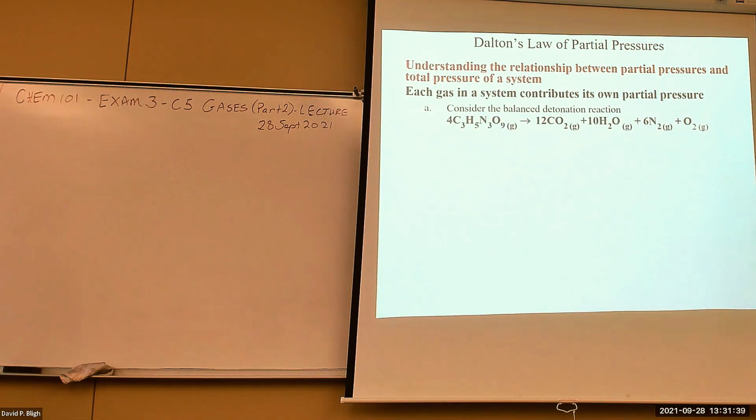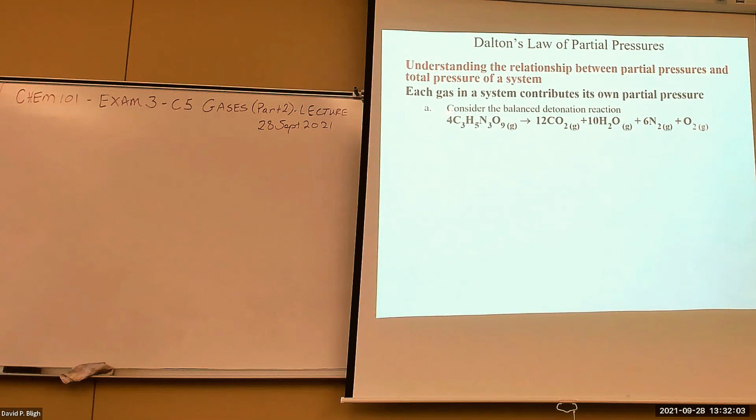So here's an equation that's all gases. We're saying this is a gas: carbon dioxide, water vapor, nitrogen, oxygen, all gas. But what is that? You really can't tell from that formula. I have to tell you what it is. That's nitroglycerin.